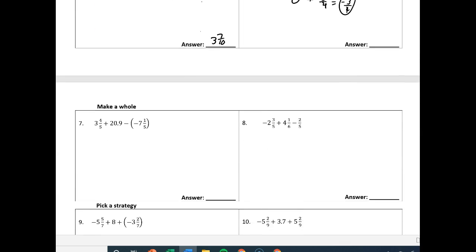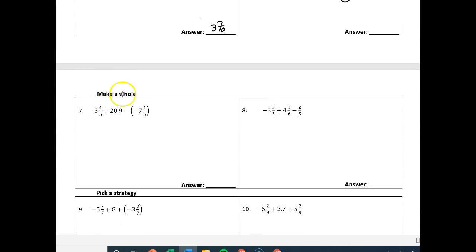Okay. The last strategy is making a whole. I'll do this one with you. So you'll notice we'll just have one little KCC here at the end. So KCC. So that means I have 3 and 4/5 plus 20.9. Change that to a plus sign, change that to a positive, so 7 and 1/5.